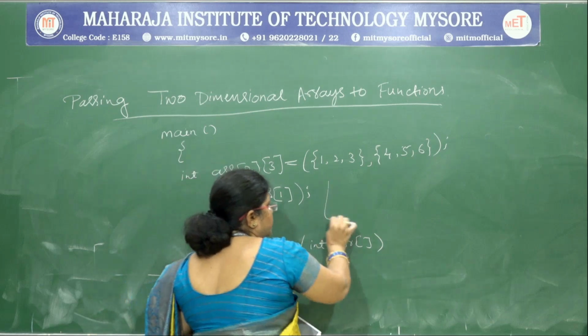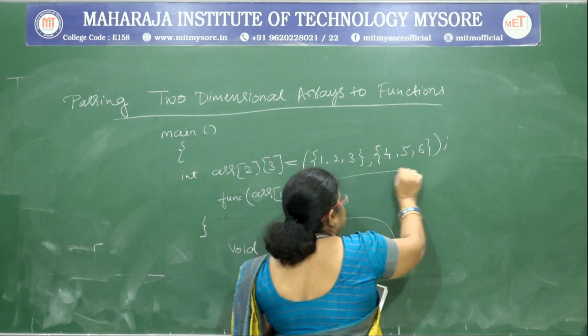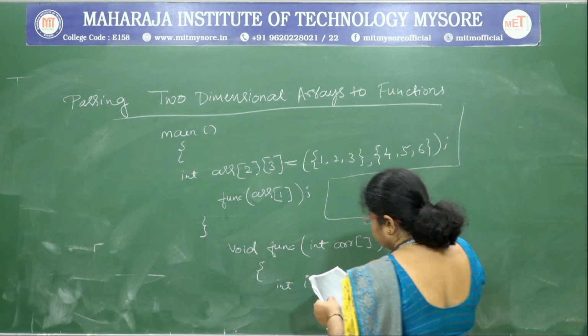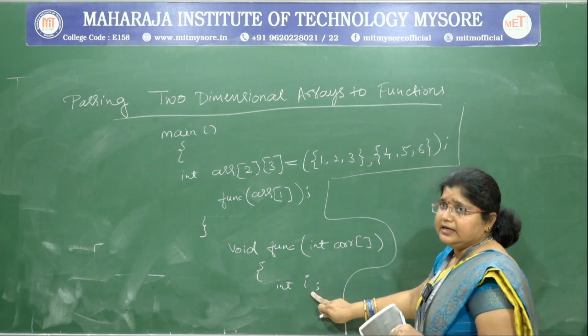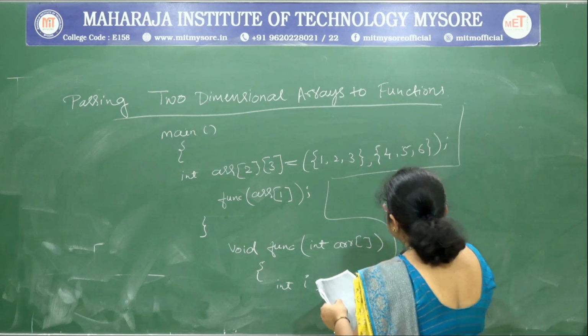Now it's performing its operation. This operation is int i being declared, that is, i is a variable.